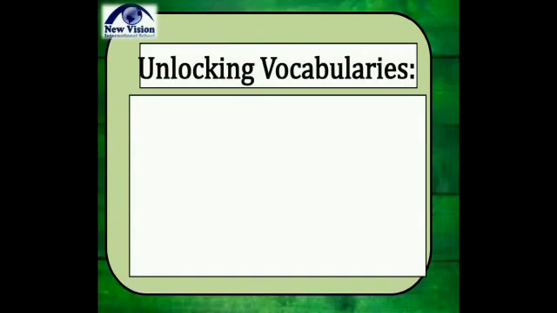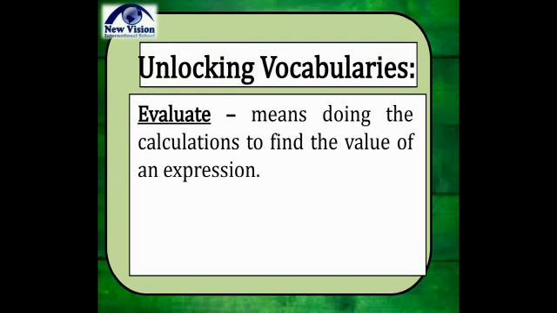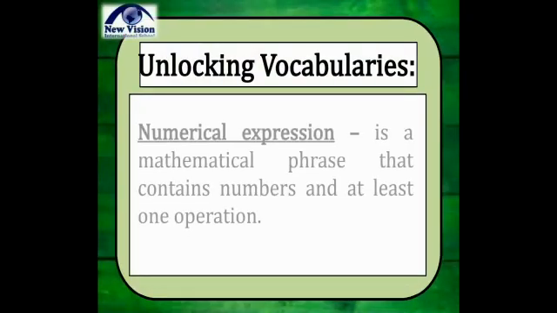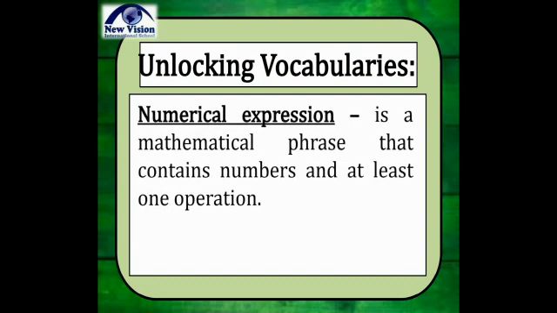Our first term, evaluate. It means doing the calculations to find the value of an expression. Next, we have numerical expression. It's a mathematical phrase that contains numbers and at least one operation.